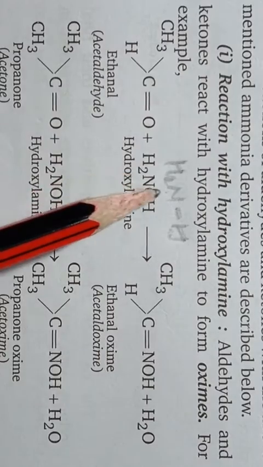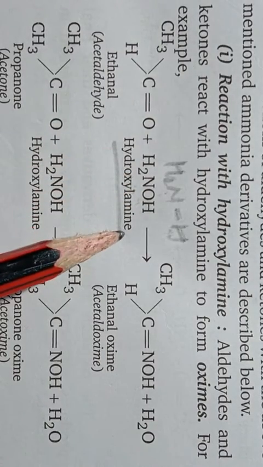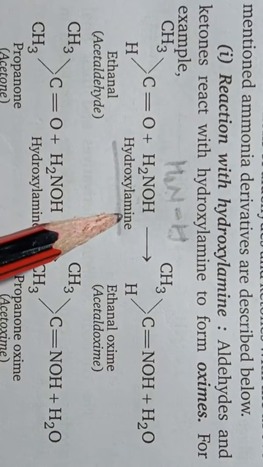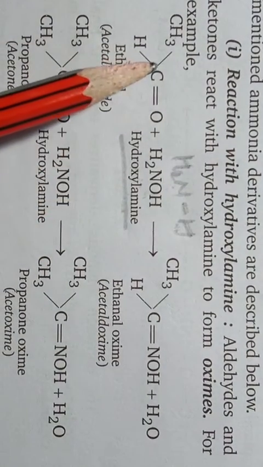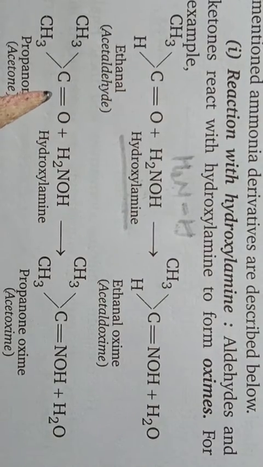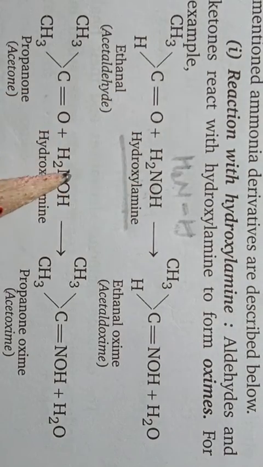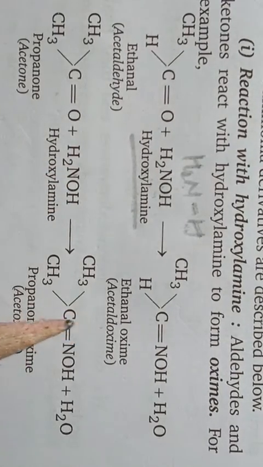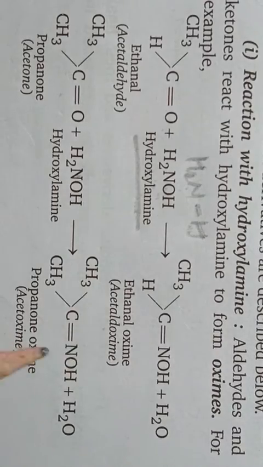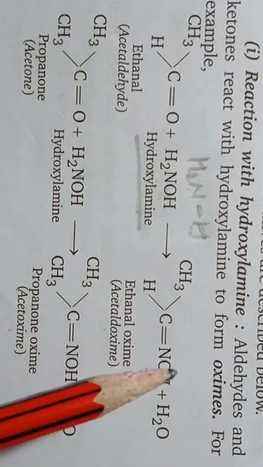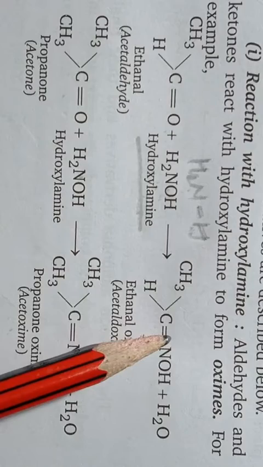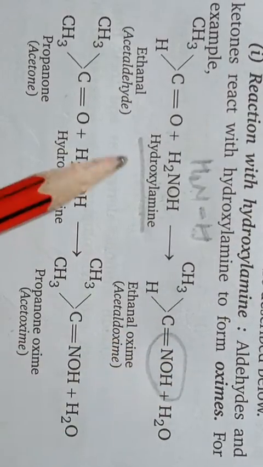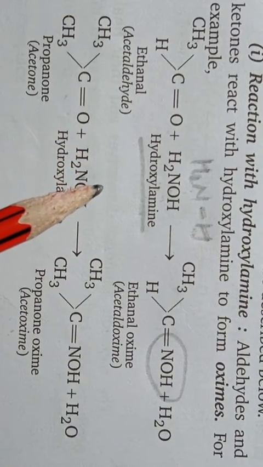The compound formed is known as hydroxylamine, the hydroxy derivative of ammonia. When aldehyde or ketone reacts with hydroxylamine, they form the related oxime. Oxime has a double bond NOH relation, and this much will be present in oxime.